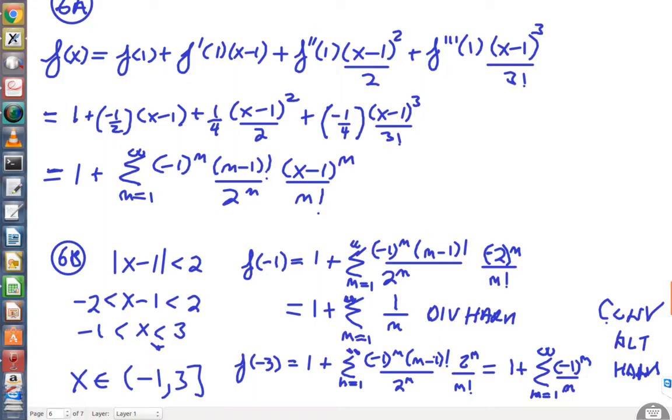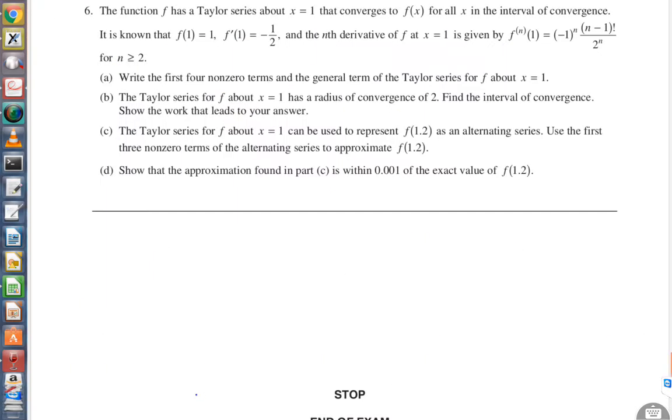Right, okay, now 6c. The Taylor series for f about x equals 1 can be used to represent f of 1.2 as an alternating series. We use the first three non-zero terms of the alternating series to approximate f of 1.2. Alrighty.